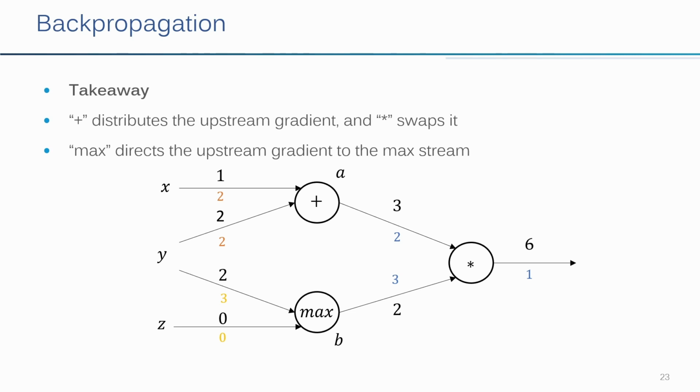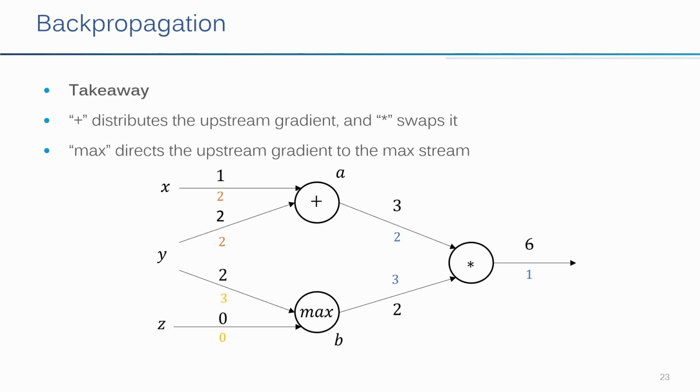The sum, in this case, took whatever you had for the upstream gradient and backpropped it to all its downstream ones. Since we got a 2 right here, you see that it replaced both of these inputs, x and y, with whatever upstream we had.